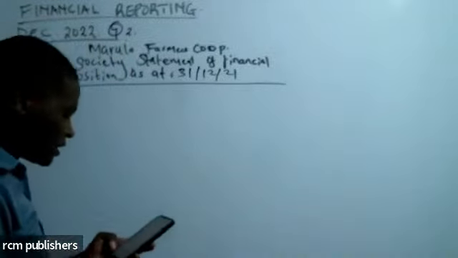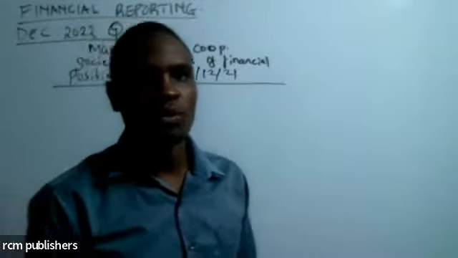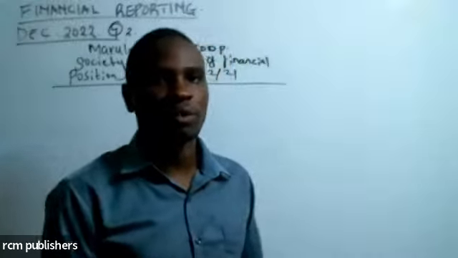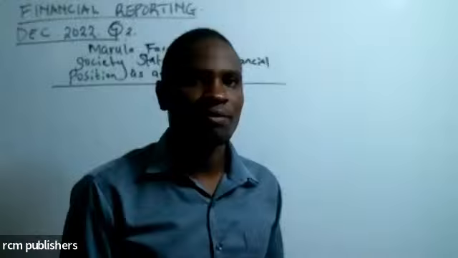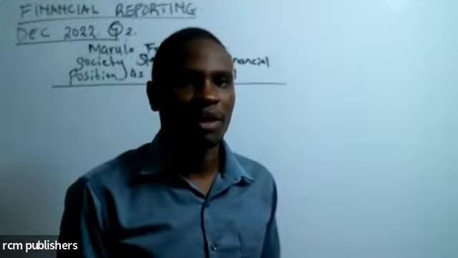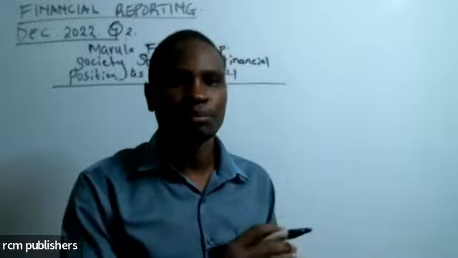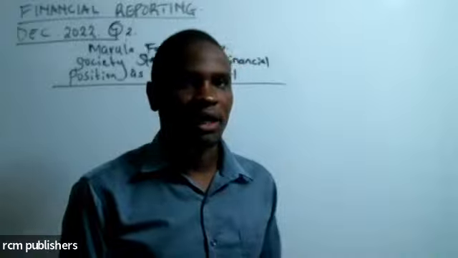Therefore, in this case, we do not classify the assets. We do not specify whether non-current or current. If you clearly look at the format that we drew, we just put the asset and we were done.